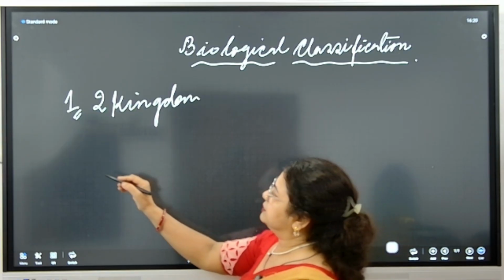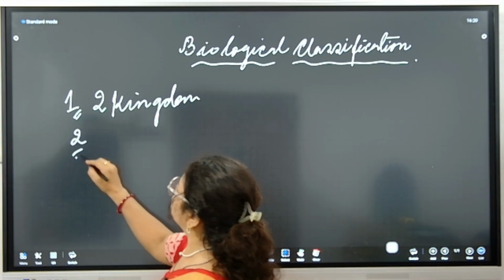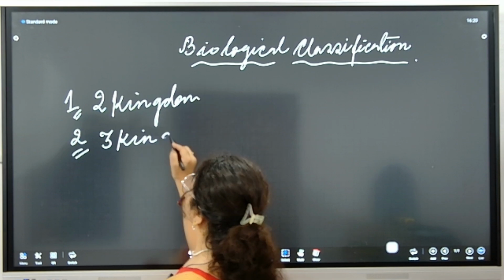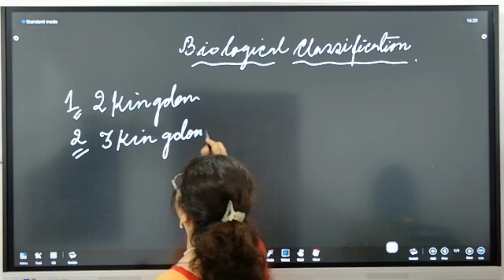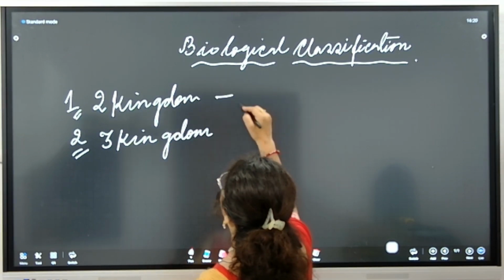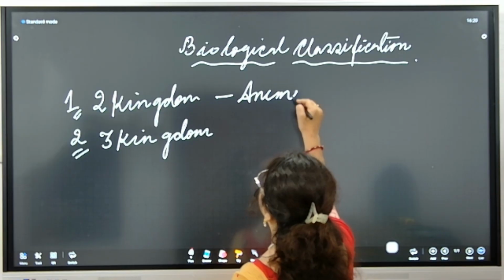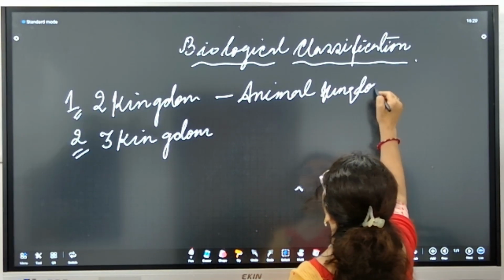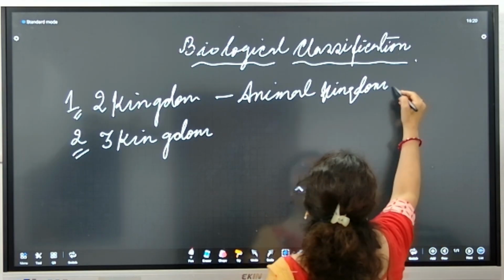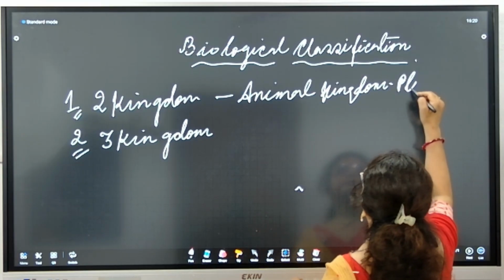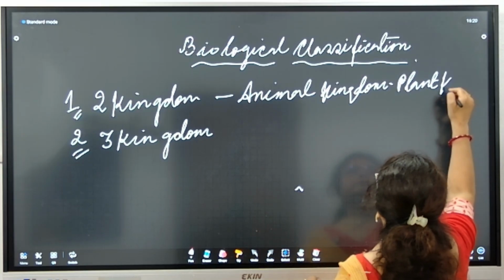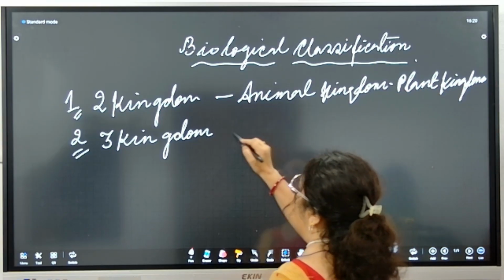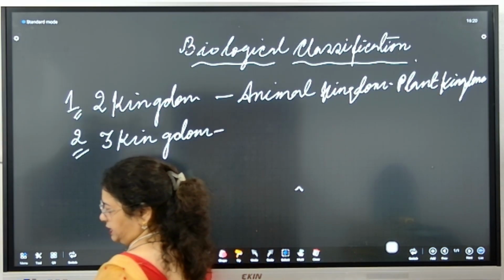Now the second classification was done, the three kingdom classification. In two kingdom, what I had said was animal kingdom and plant kingdom, so it was grossly divided into these two.